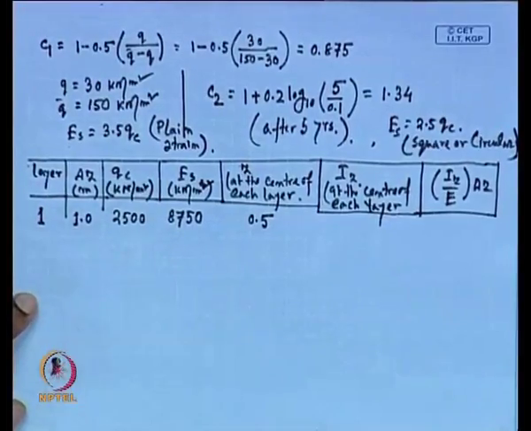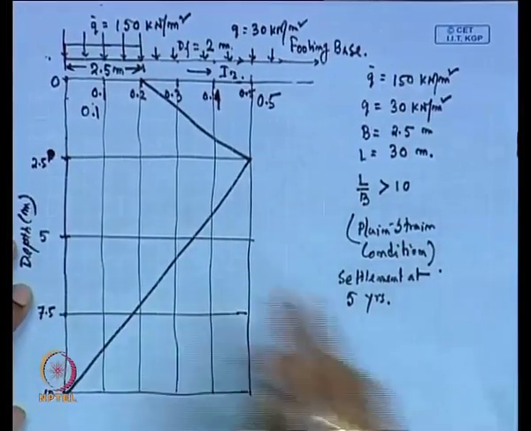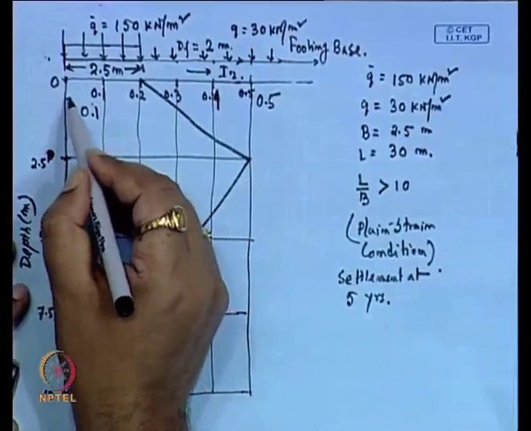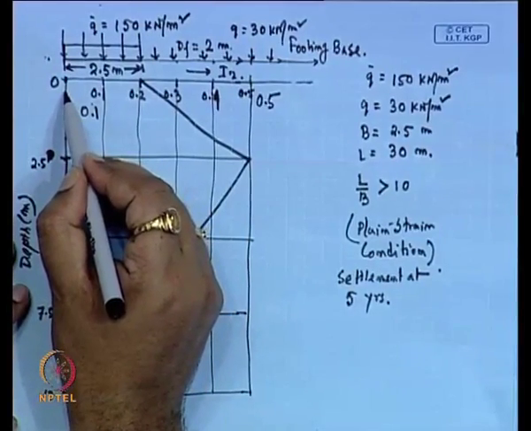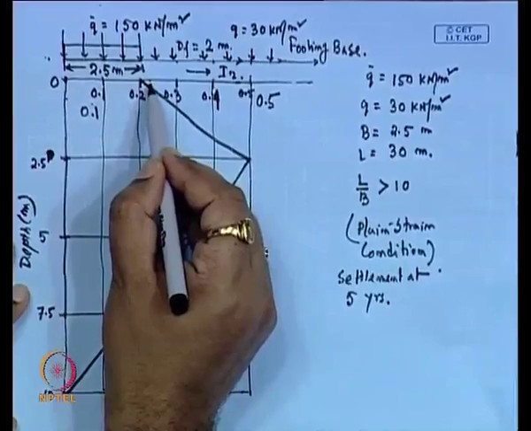Now, from the chart that I have prepared, so this is the chart. Now, here this is 2.5. So, this distance is 0.5. Corresponding to 0.5, the I z value is around 0.23.